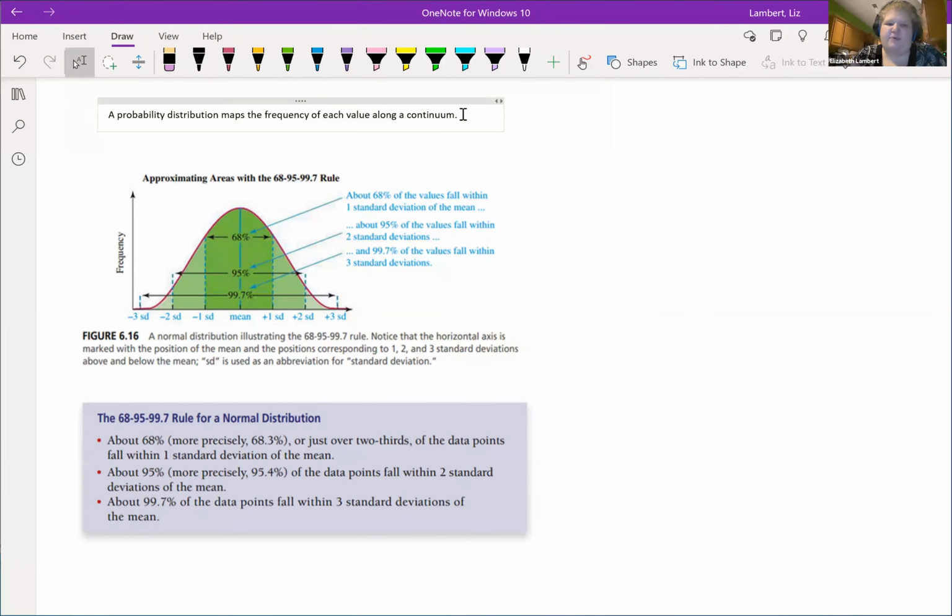The other thing about a probability distribution is that the total area under the curve has to be 1. And if I pick a value, the area to the left of that will be the probability of that value in a normal curve.